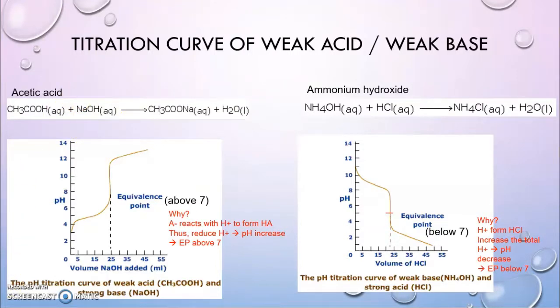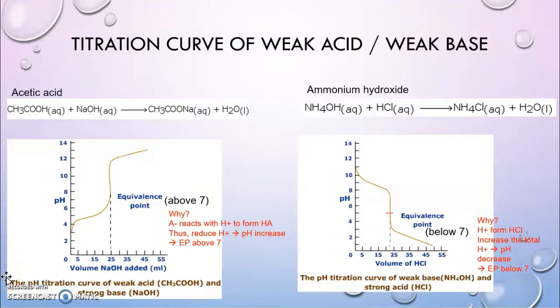And the chemical reaction as well as the diagram that is shown on the right side of this slide is the titration between a weak base, which is ammonium hydroxide, with a strong acid, which is hydrochloric acid.